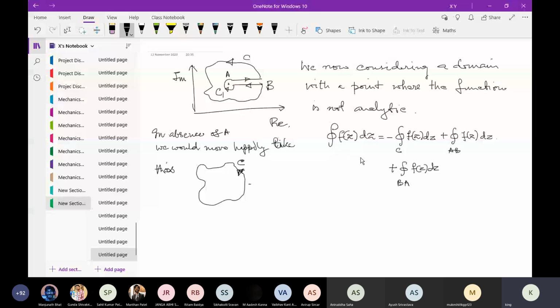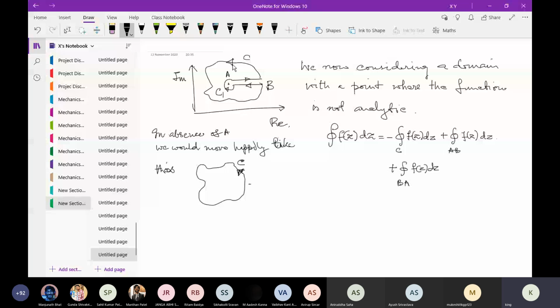What is now left? This whole integral, overall, should satisfy Cauchy's theorem because we are not including A.